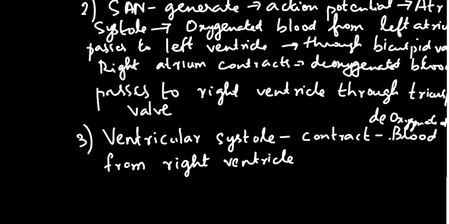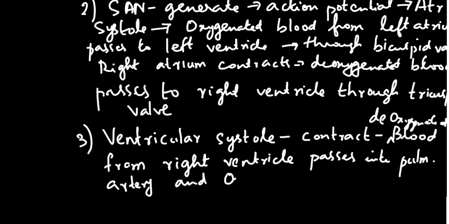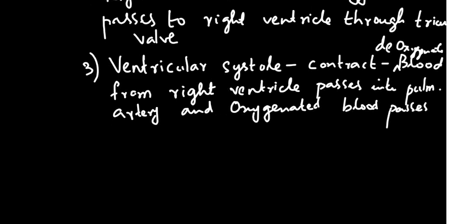The deoxygenated blood from the right ventricle passes into the pulmonary artery, and oxygenated blood passes from left ventricle to the aorta.